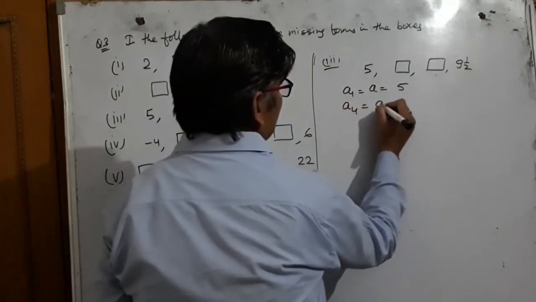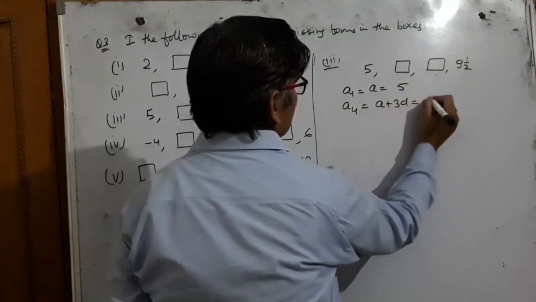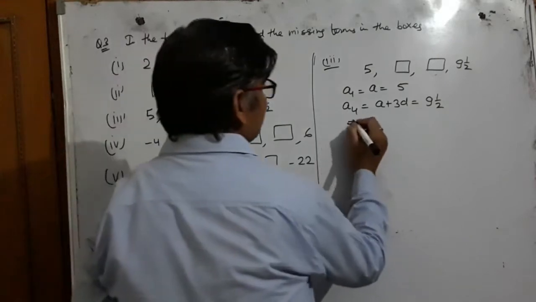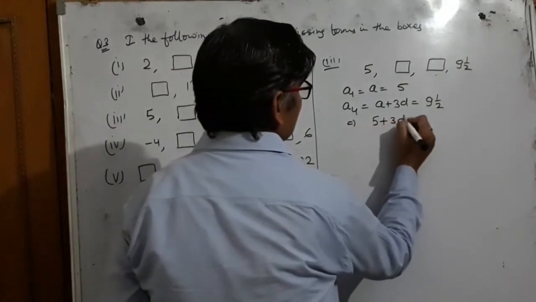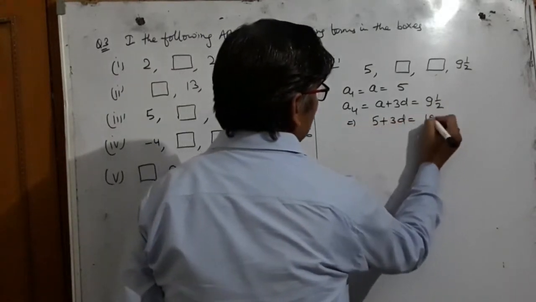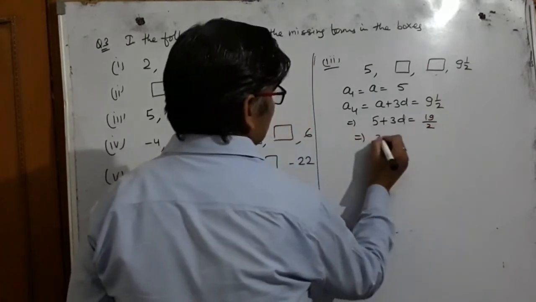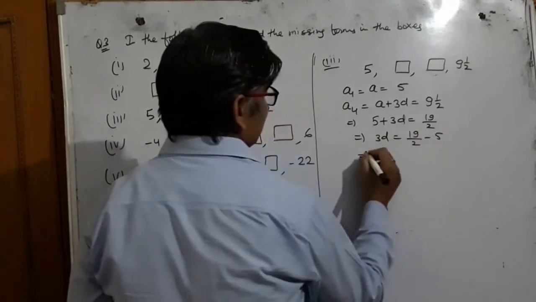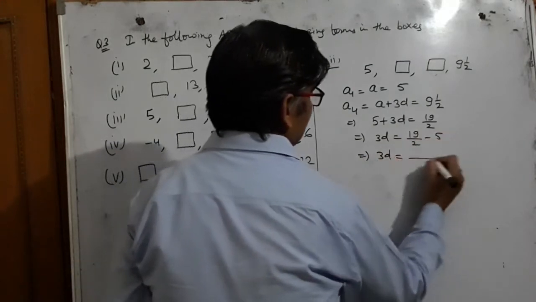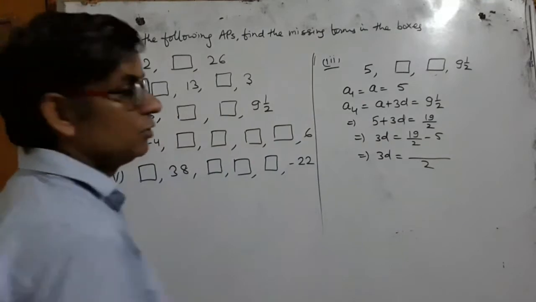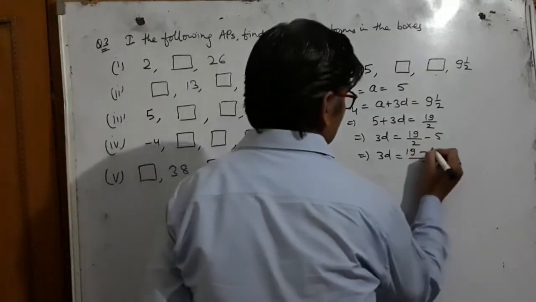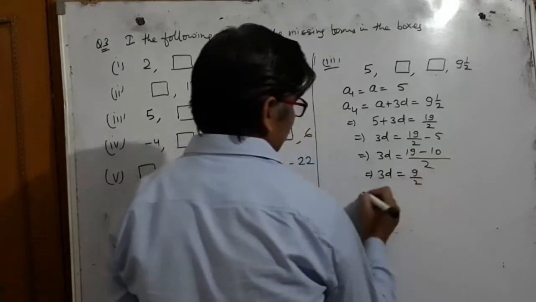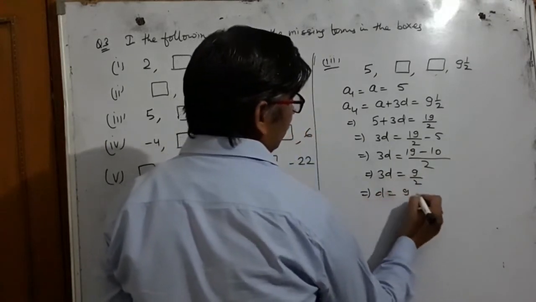A4, A plus 3D, equals 9.5. Placing 5 plus 3D equals 19 upon 2. So 3D equals 19 upon 2 minus 5. Taking 2 as LCM, 19 minus 10 is 9 upon 2. So 3D equals 9 upon 2.